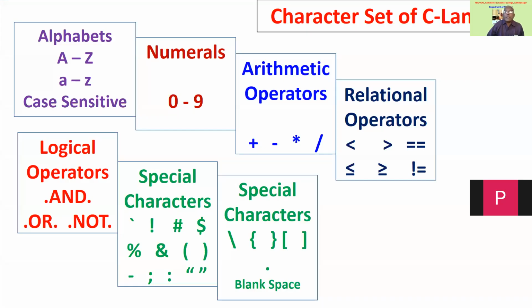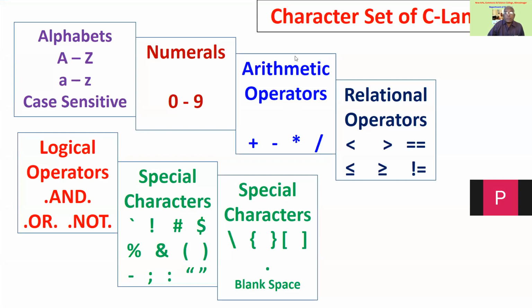When you say any language, the first thing we have to understand is the character set, which we call alphabets or Barakhadi. So we must understand what the alphabets, the character set, are for a particular language.